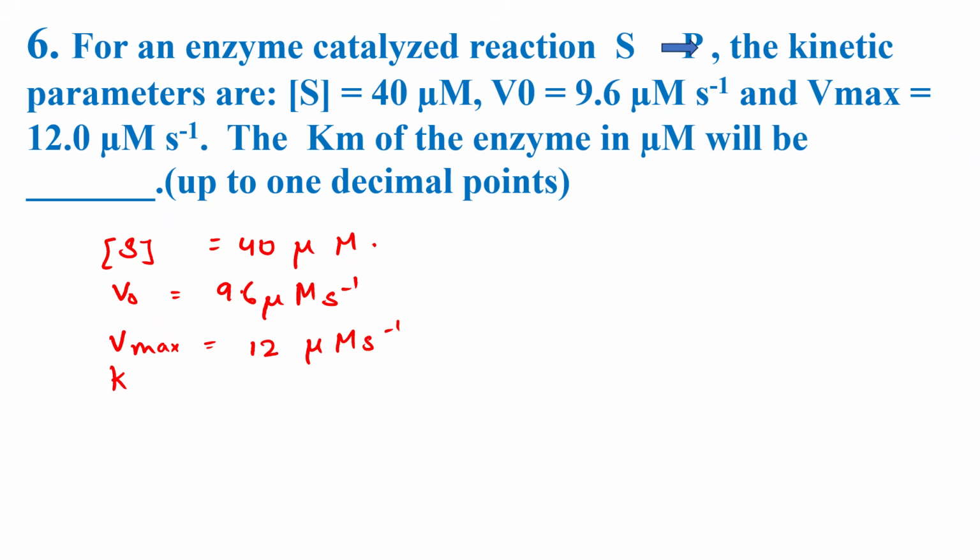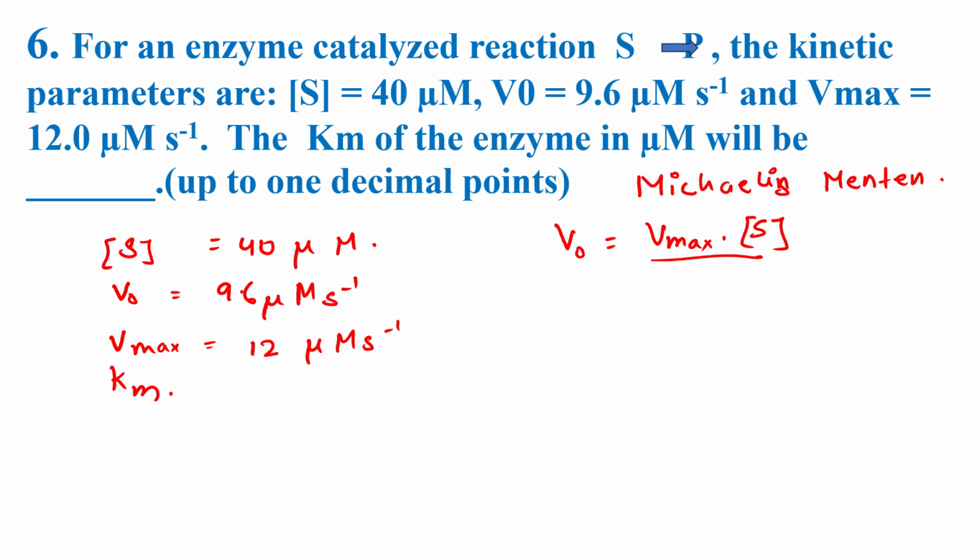So this question is about Michaelis-Menten equation. What was the equation? That is V naught is V max into S by Km plus S. We'll just put the values.